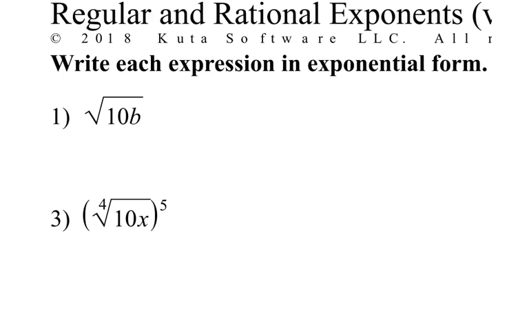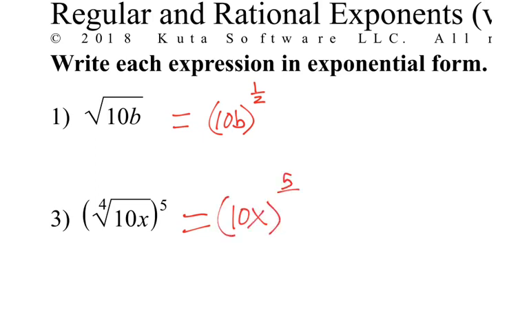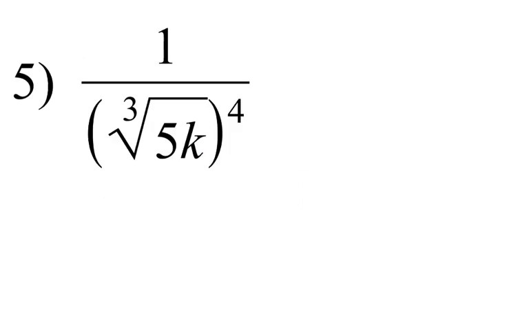And so this first section is just you're converting it into the fractional exponent. So you're going to take 10b, and it was the square root, which is the 1/2 power. And then this guy here, the 4 is going to be on the bottom of our fraction, and 5's the top. So it's going to be 10x to the 5/4 power.